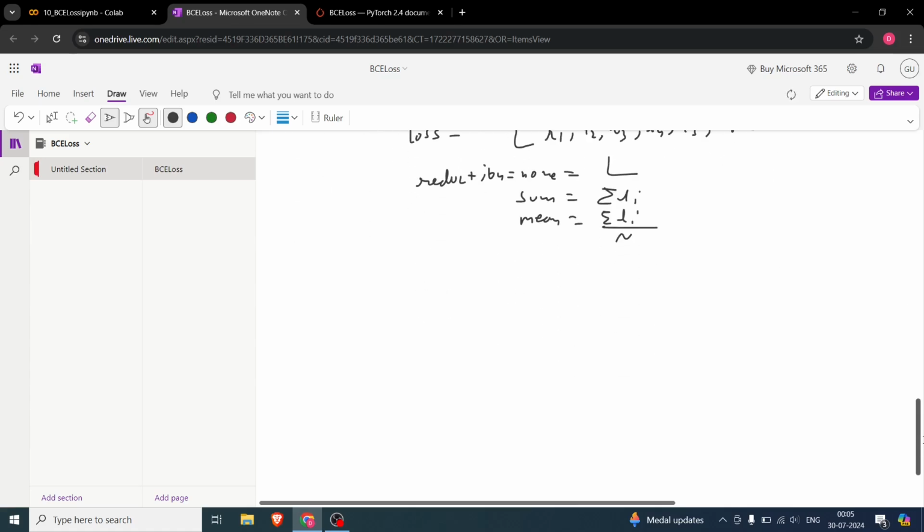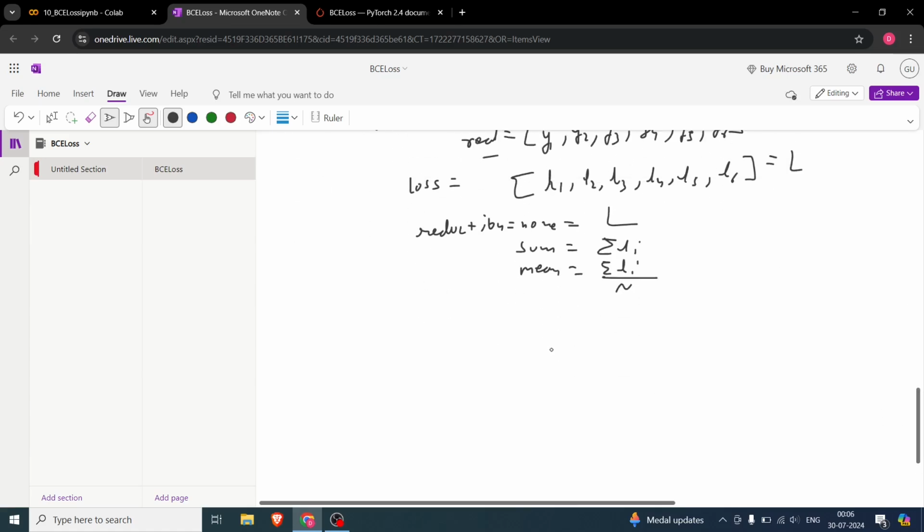Now let's assume values. Let's say L1 was 0.5, L2 was 1.5, L3 was 2.0, L4 was 1.0, L5 was 4.0, and L6 was 3.0.